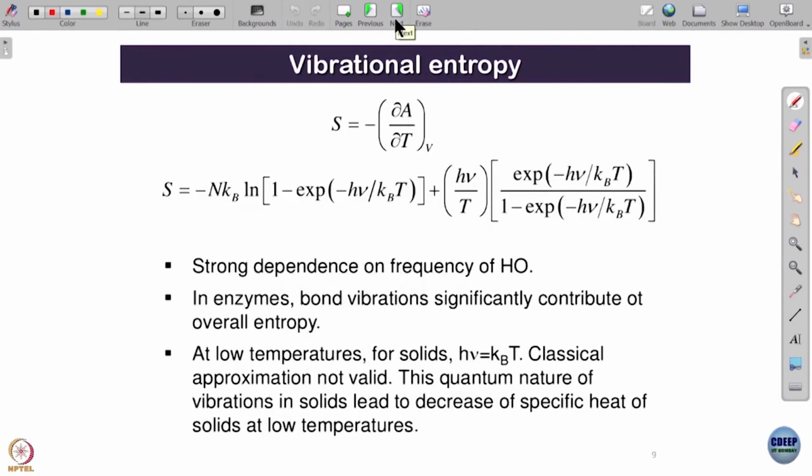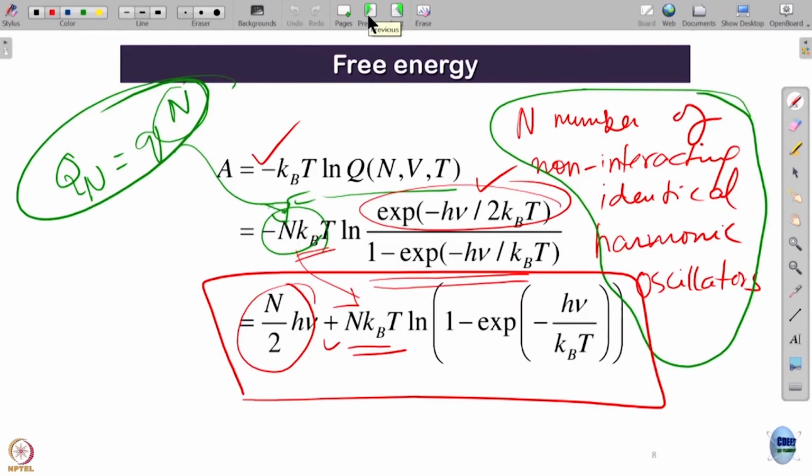Now, I want to calculate the entropy, this is where the fun starts. So, my free energy is here, I take the derivative with respect to temperature. Remember that this term has no temperature, so that goes to 0, and then I have two terms with temperature.